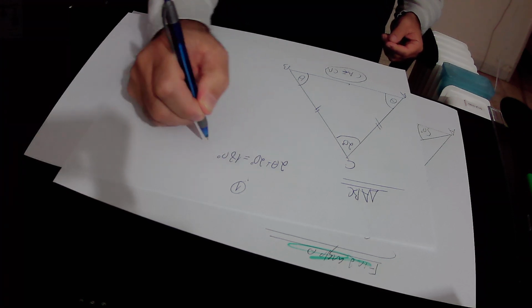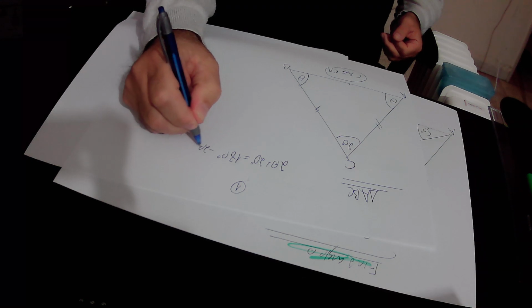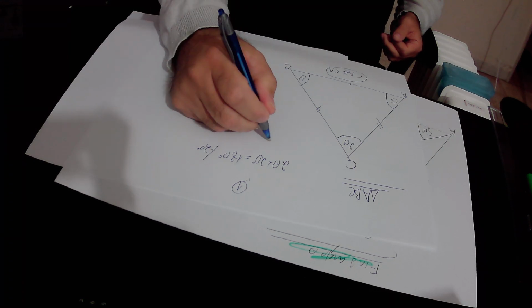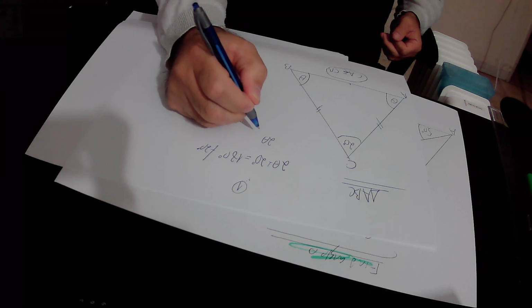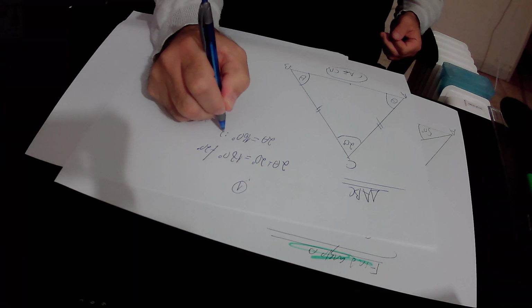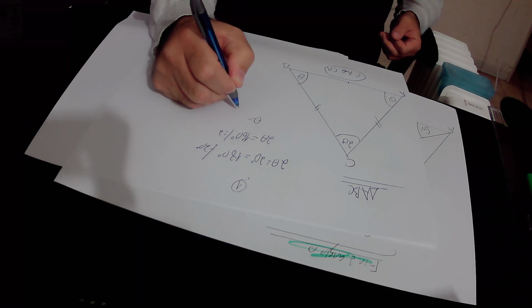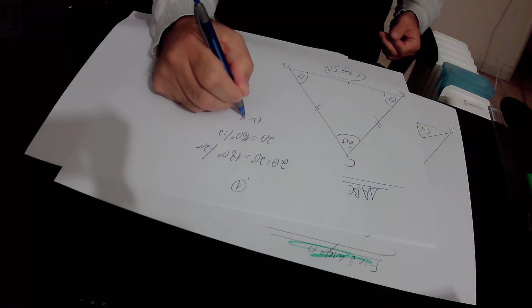We subtract 20 degrees from this equation, and we get that 2 theta equals 180 minus 20, which is 160. We divide this equation by 2, and finally we get that angle theta equals 160 degrees over 2, which is 80 degrees.